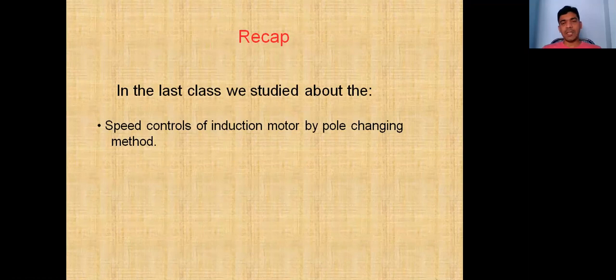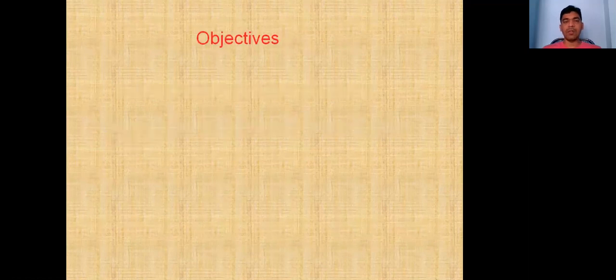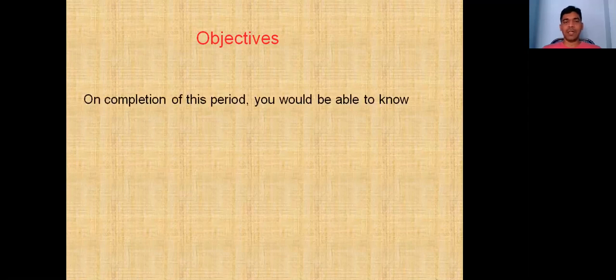In last class also we discussed speed control techniques. In that, speed control of induction motor by pole changing method, we have seen two different methods, different speeds we can obtain. Two types of methods, consequent pole method.